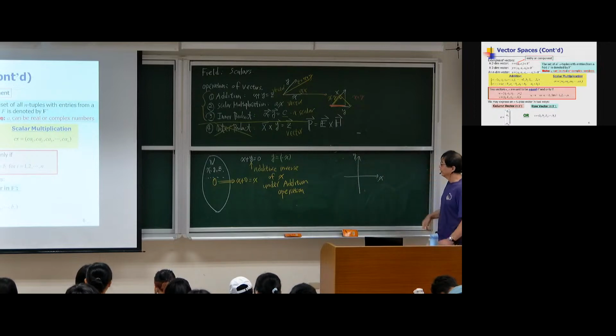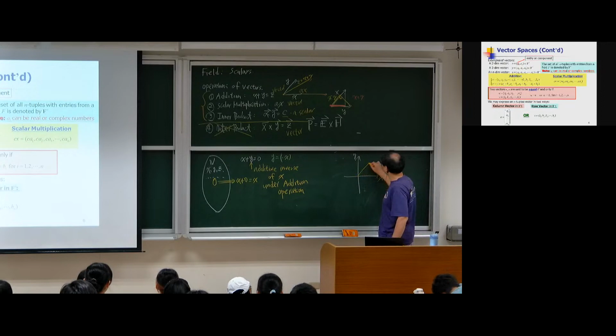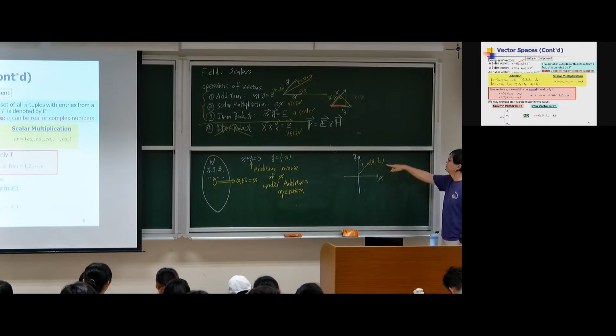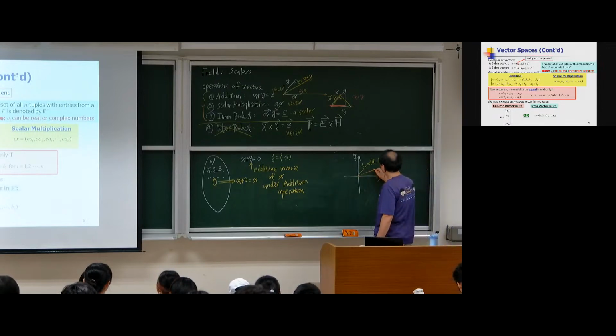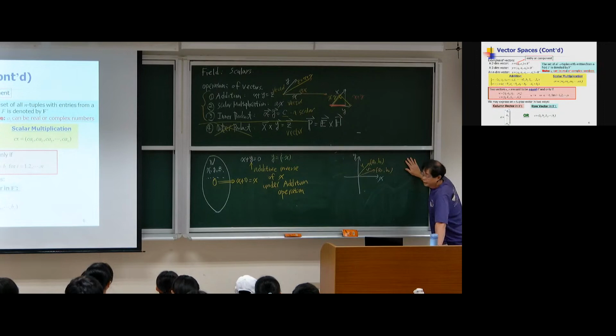So this is the two-dimensional geometry. For any vector here, the vector u, I have a coordinate of a1, b1. And for another vector, v, I have another coordinate a2, b2. So this is the vector for the two-dimensional vector space.